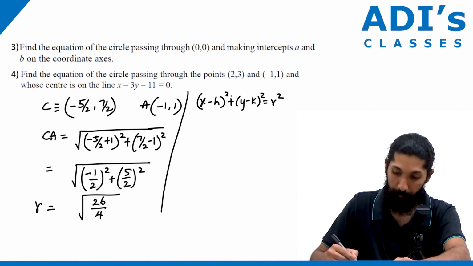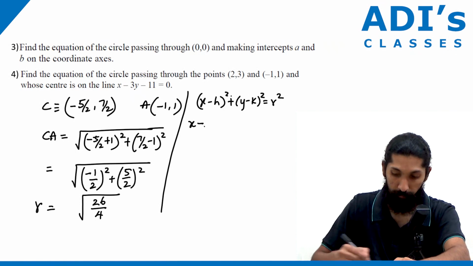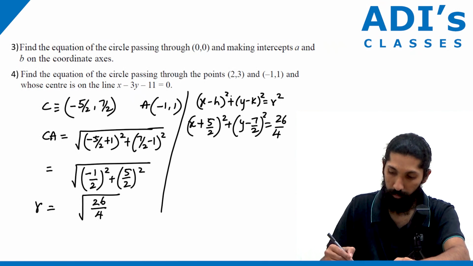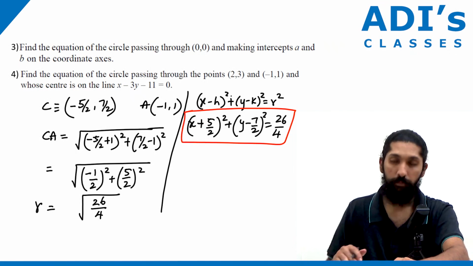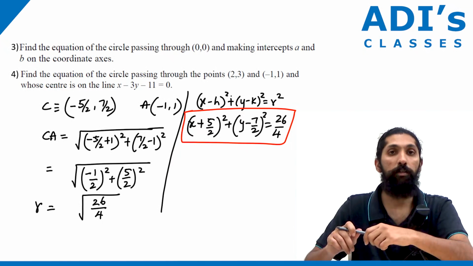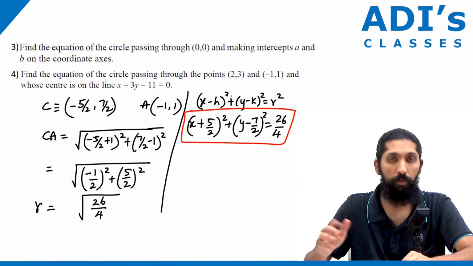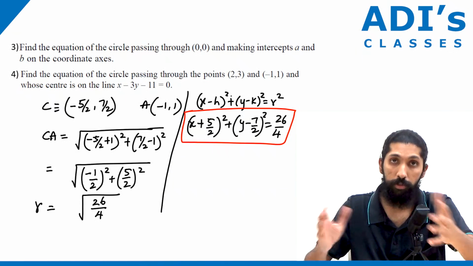So x plus 5 by 2 whole square plus y minus 7 by 2 whole square is 26 by 4. So this is going to give us the equation of the circle. Clear? So these are certain types of questions you have. In the next video, we are going to solve a couple more questions based on the same topic.